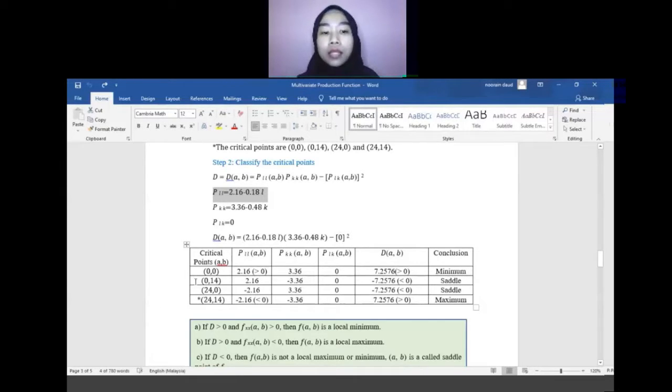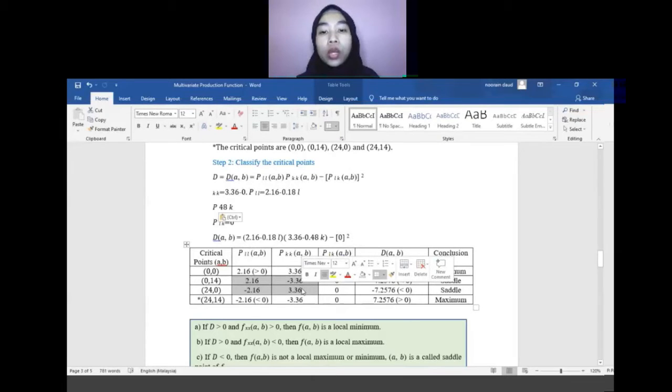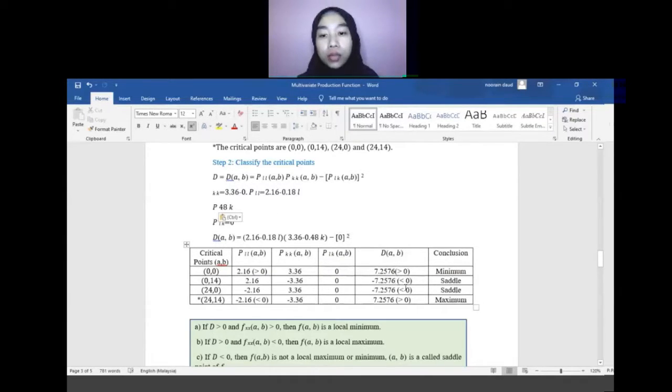For the second and third ones, when we enter these critical points into the L function and also the K function, we get these values. When we enter these critical points into the D function, we find that D is less than 0. So from the definition of C, if D is less than 0, the function has neither a local maximum nor a local minimum.